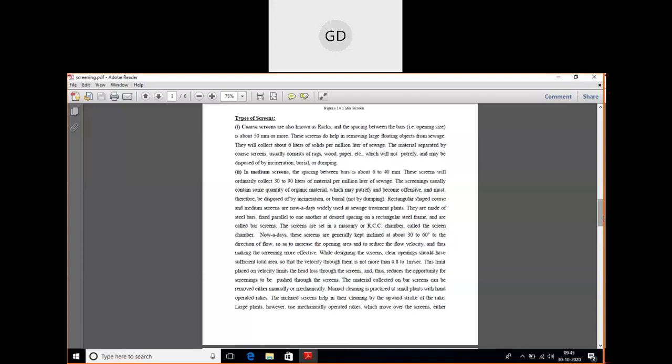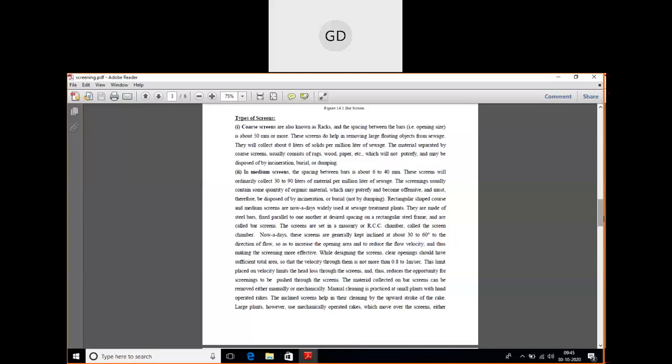The next screen is the medium screen. All these types of screens are generally based on the spacing. Coarse screens, as the name says, have the bars spaced at a very large spacing; the medium has less spacing, and the next, fine screens, will be finer.